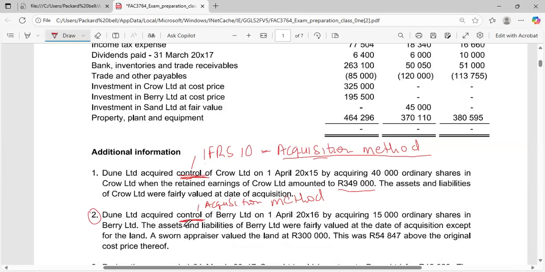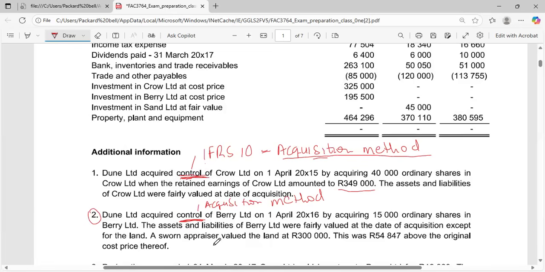Right, so let's look at here. They say June Limited acquired control of Bear Limited on 1 April 2016 by acquiring 15,000 ordinary shares in Bear Limited. The assets and liabilities of Bear Limited were fairly valued at the date of acquisition, except for the land.